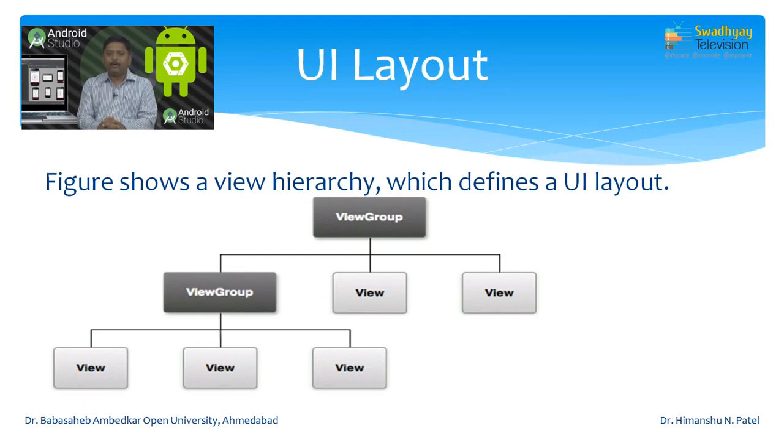Consider the example of a calculator. The topmost layer is a layout which is represented by a ViewGroup, and there may be other ViewGroups which are used to organize your buttons and text input. So, in a ViewGroup there may be Views as well as other ViewGroups, which in turn may be used to organize other Views. We can say for any user interface, top is a ViewGroup, and inside that there may be Views as well as ViewGroups.